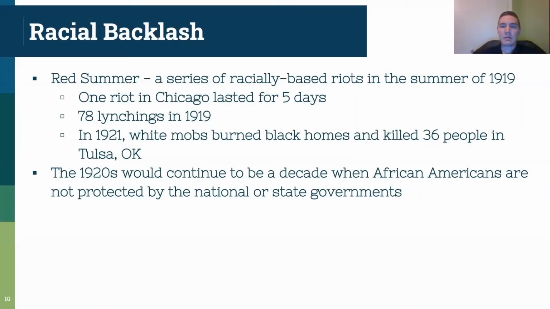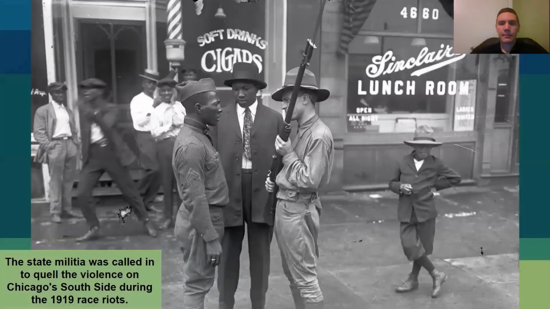And so we see a lot of racially based riots right after the war, like in Chicago and the Tulsa, Oklahoma riots. Basically, throughout this time, the United States is not doing much to stop racial violence in the United States.